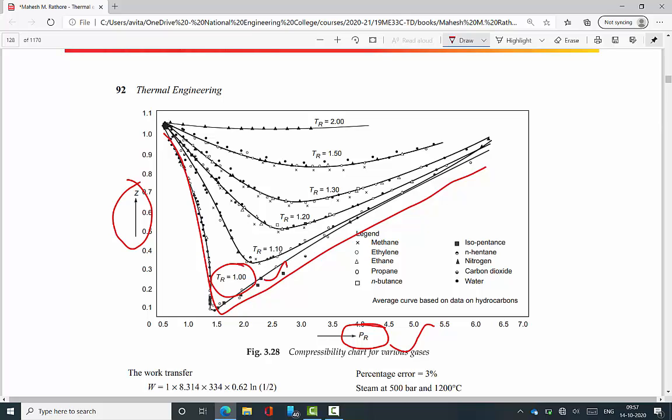These are the equations of state. The first one, PV equal to RT, is the ideal gas equation of state, and the other, PV equal to ZRT, is the real gas equation of state. Z is called the compressibility factor. It is calculated empirically only, so the factor has some errors, and the chart also has some errors.